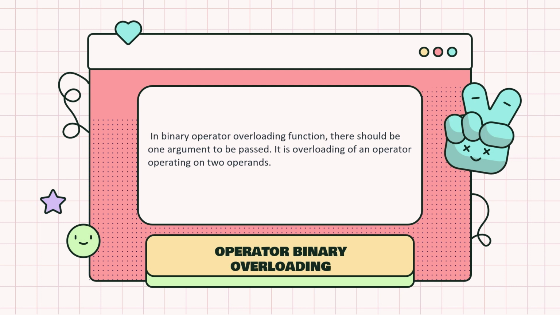What is binary operator overloading? In a binary operator overloading function, there should be one argument passed, and it is overloading of an operator operating on two operands.